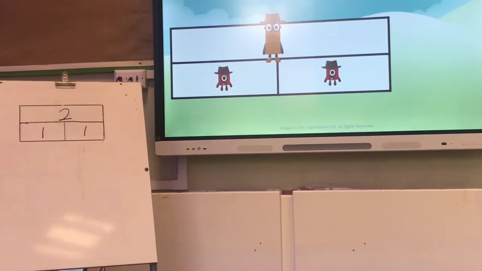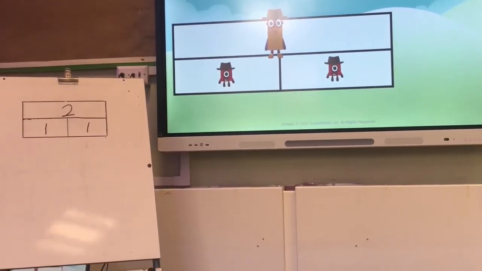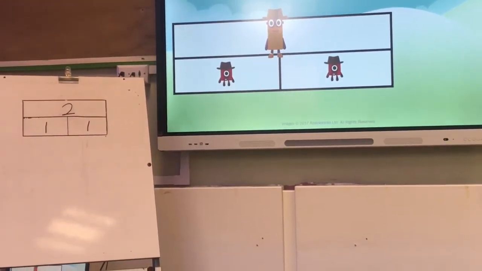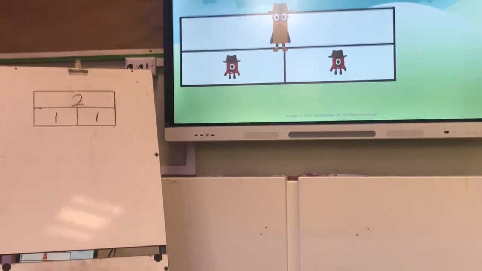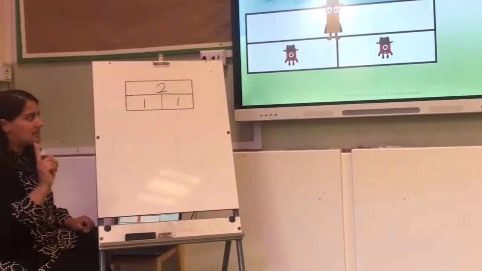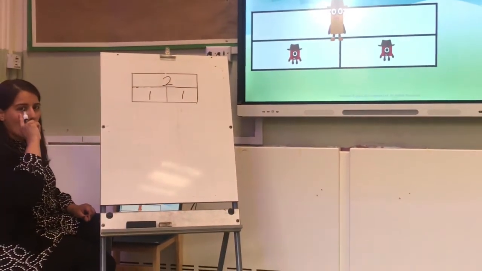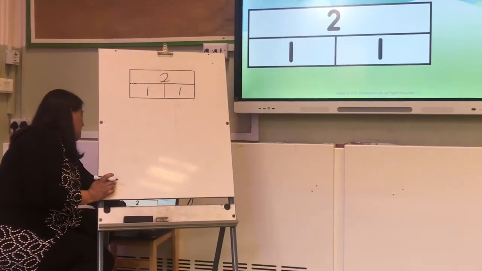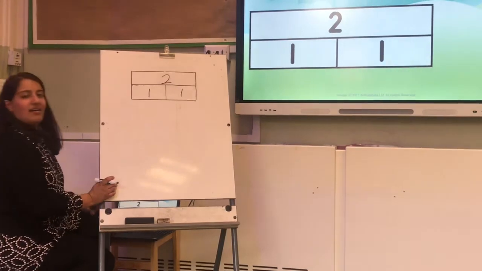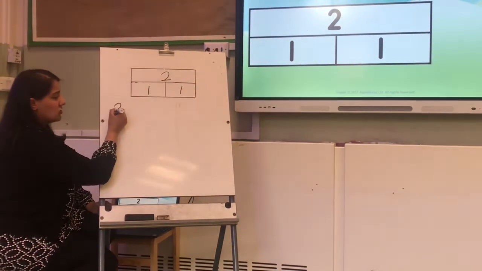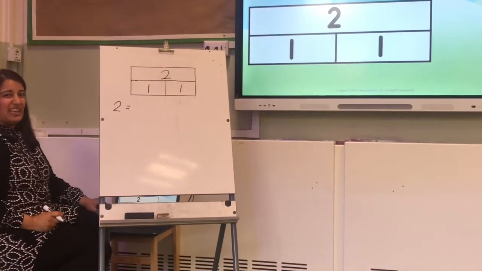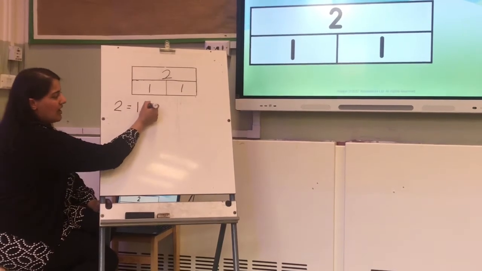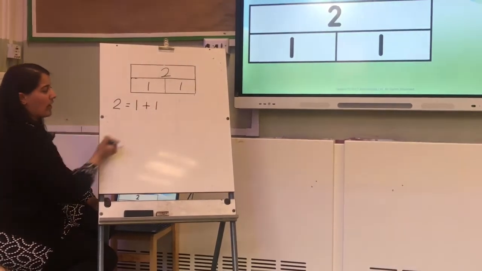gives us 2. I'm going to switch my number sentences. I'm going to write them in a different way, but it means exactly the same thing. Watch this. Keep looking at the board. Look at that. 2 equals 1 add 1.